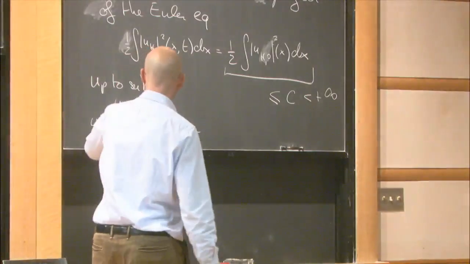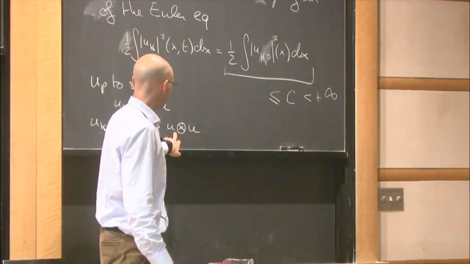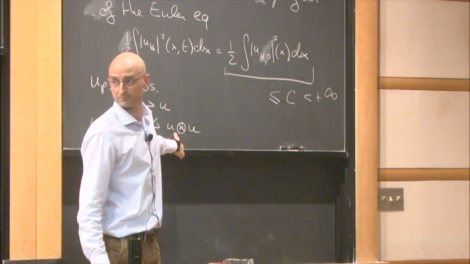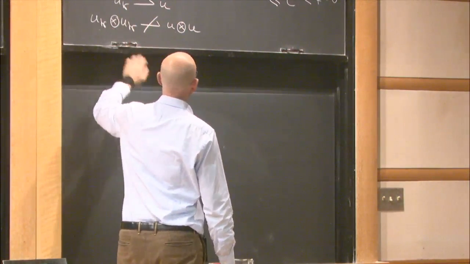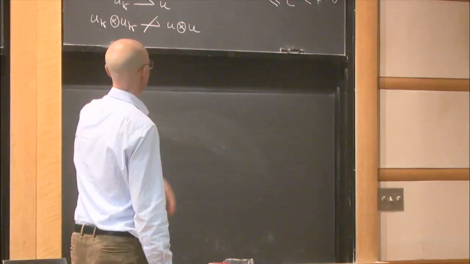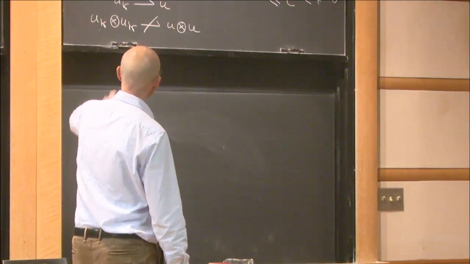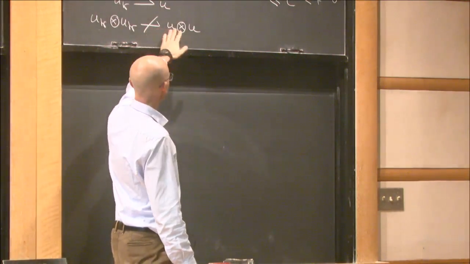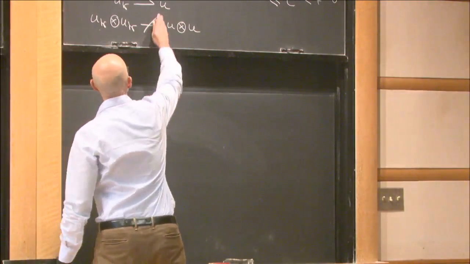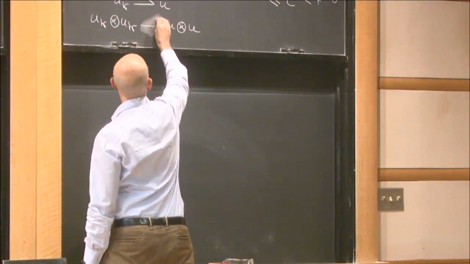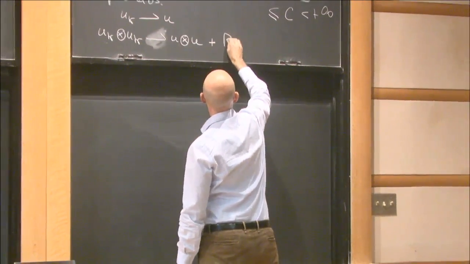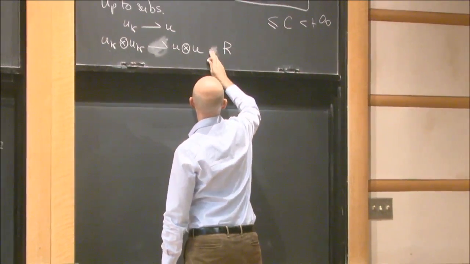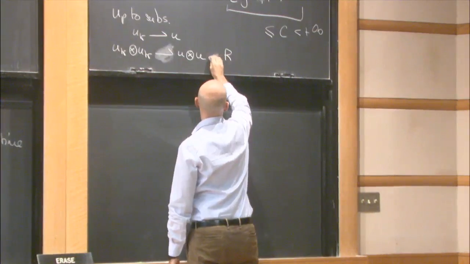So although you have an equation for u_k, you're not able to derive an equation for u tensor u. So never mind. Assume u_k tensor u_k is not converging weakly to u tensor u, but let's say it's converging to some u tensor u plus some error term R. Actually, let me put this error term in this way, minus R.